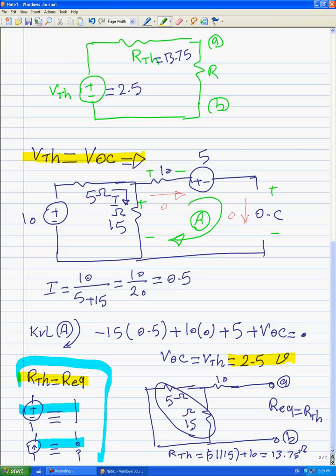And for equivalent resistance, we should change all of the voltage sources to short circuit and all of the current sources to open circuit. Once again, in order to find the equivalent resistance or Thevenin resistance, we should change all of the voltage sources to short circuit and all of the current sources to open circuit.